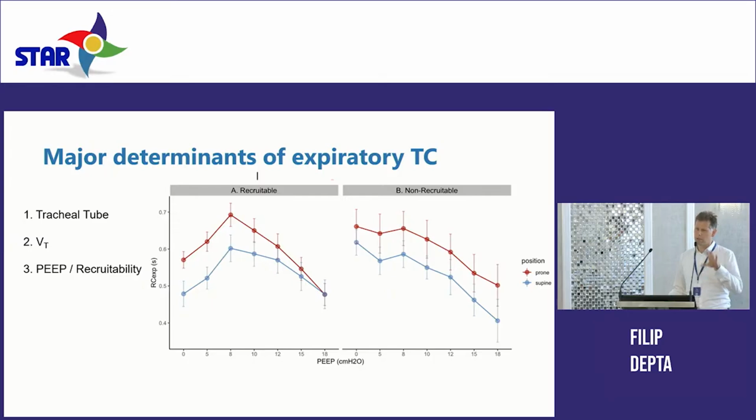This was pressure control ventilation with a fixed driving pressure of 14 centimeters of water, and we have observed 2 patterns. As the PEEP increases, the recruitability goes up, the time constant goes up. For those who do not have recruitable lungs, as you can see in the B figure, it goes down mostly.